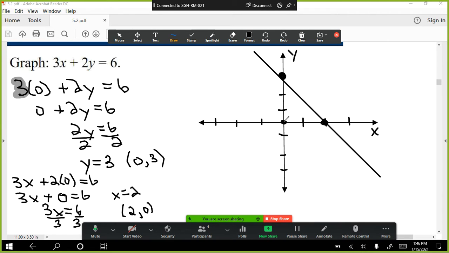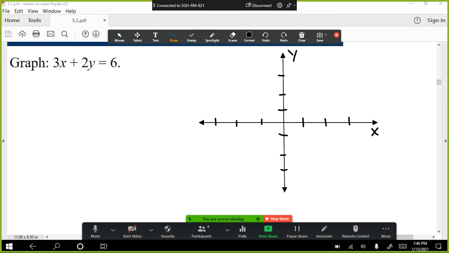Notice if I have this line that goes through the center, that is both the x-intercept and the y-intercept. So I don't know what angle that line is going to go on because it's only going through one point. So there does have to be another way we graph lines, although most lines can be graphed by graphing the x and y intercept. Okay? Now, let's move on.